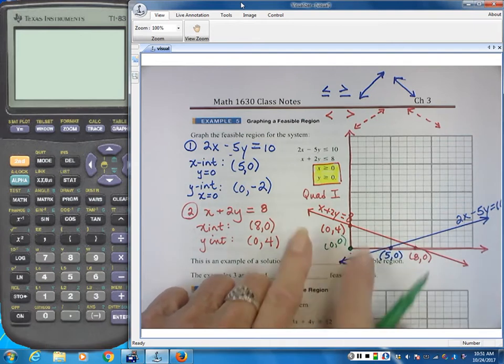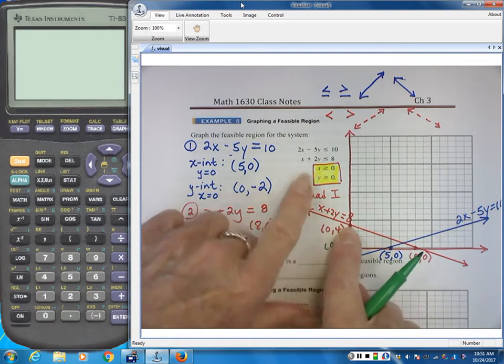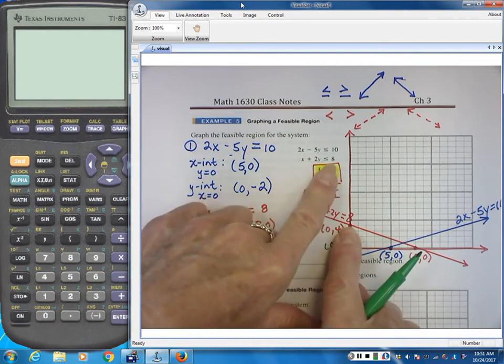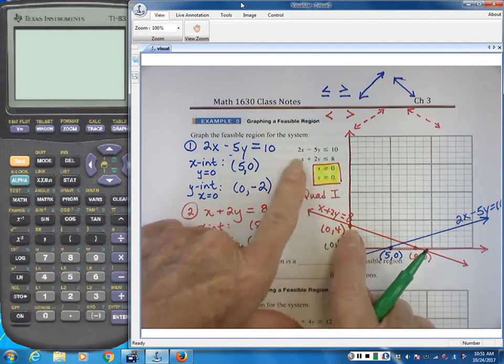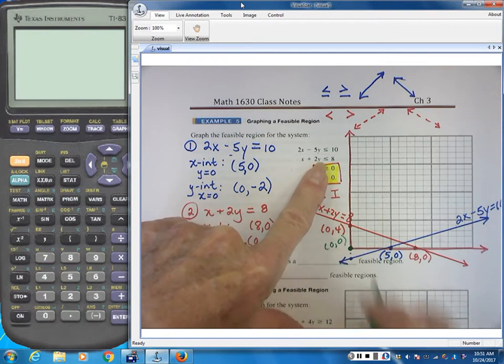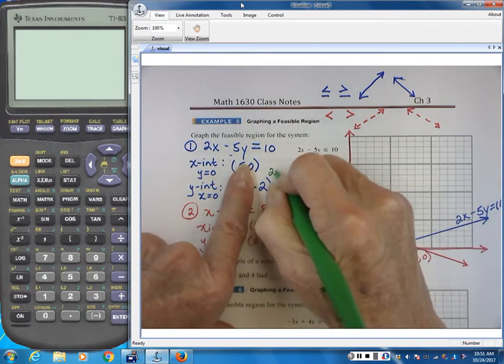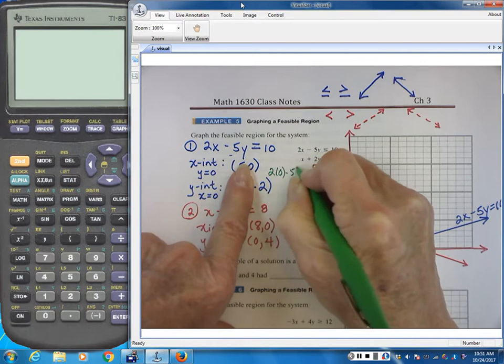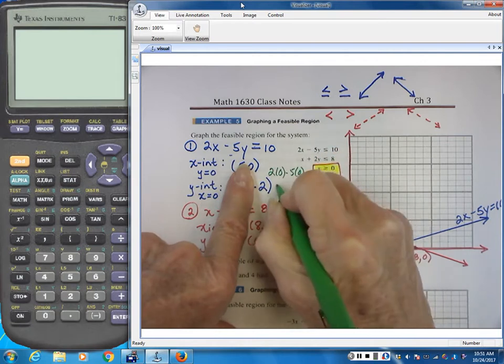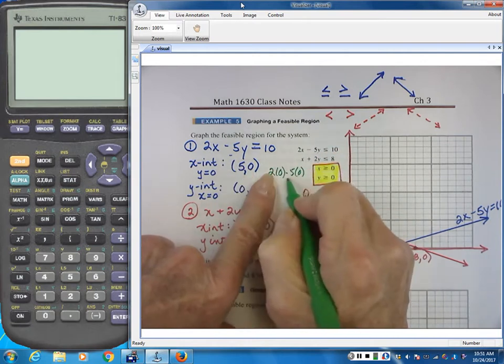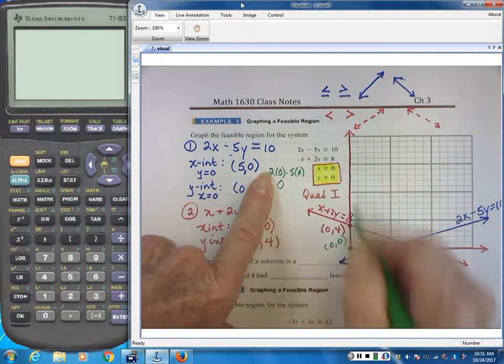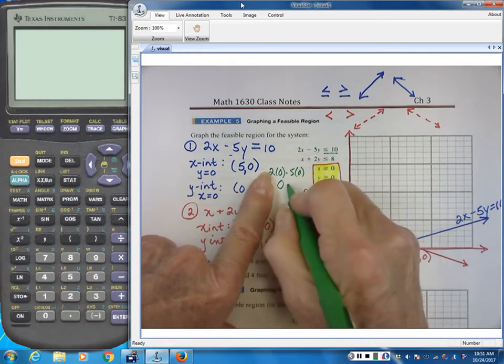So if I look at 2x minus 5y is equal to or less than 10, and I plug in (0, 0), two times 0 minus 5 times 0 is still 0, and I need to know, is that equal to or less than 10?